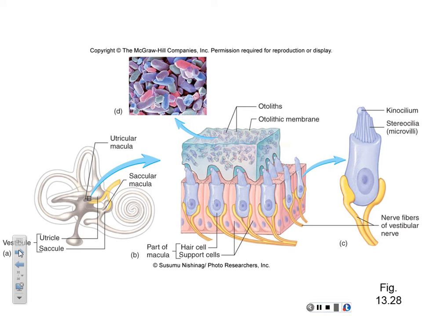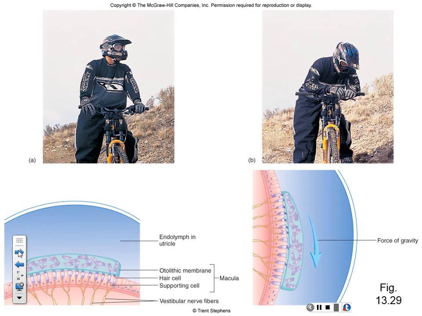So that's in the vestibule, and you have the saccule and the utricle, which have vertical and horizontal hairs respectively. When your head is like this or like that, it will move the hairs, and then you generate an action potential.